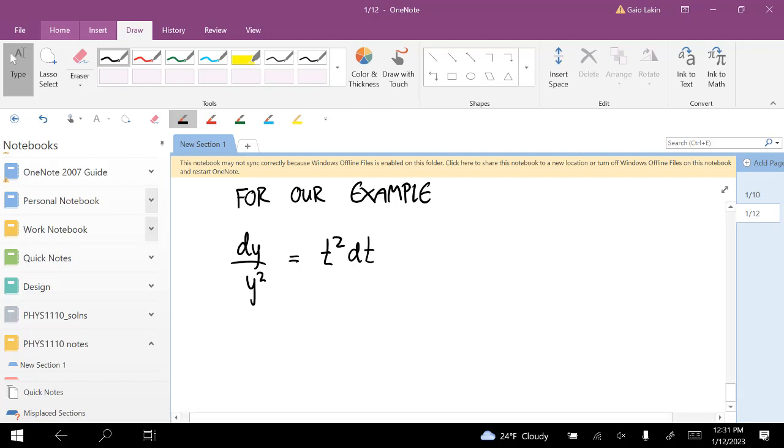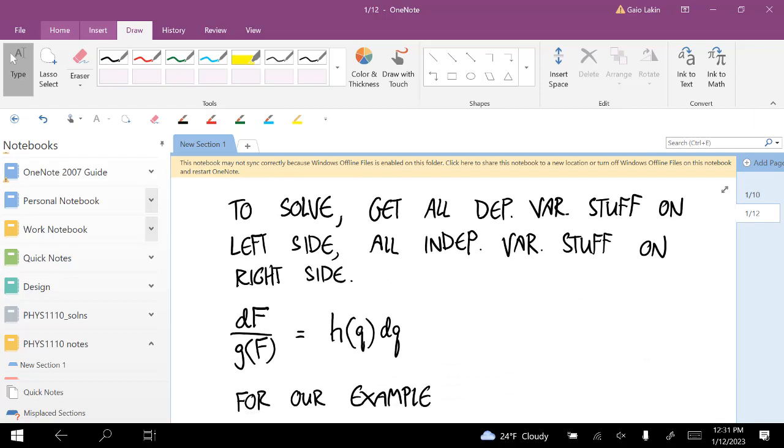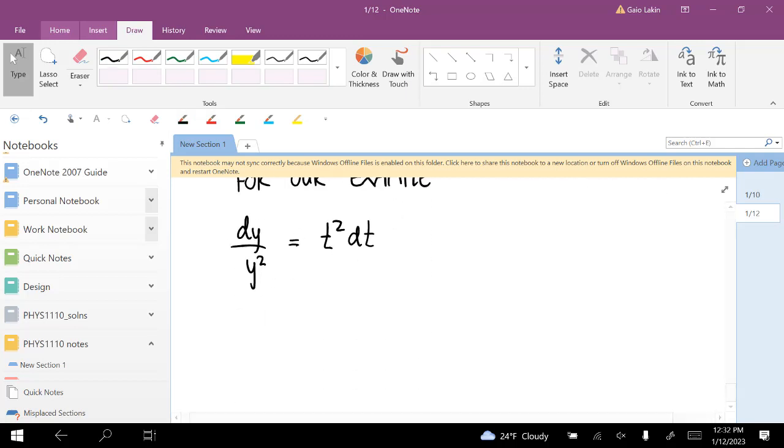And since we have a dy on one side and a dt on the other side, we can just integrate both sides now. So we're going to take the integral of dy over y squared, and that's equal to the integral of t squared dt.